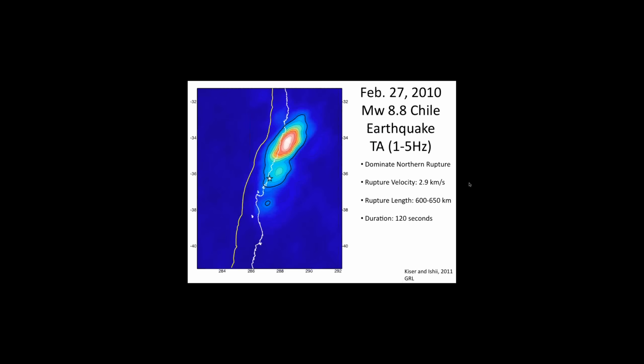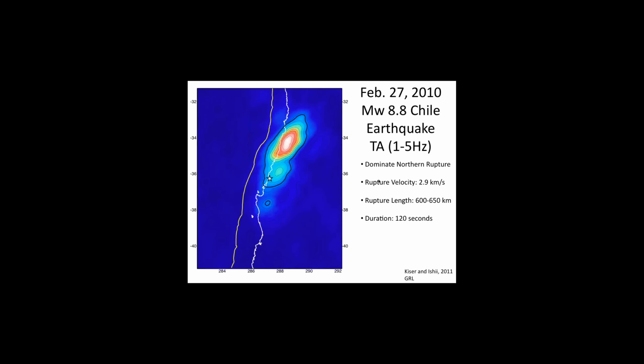Okay, so here's the energy distribution for this entire event. As I said before, you have this dominant northern rupture. Turns out if you actually track the energy through time for this dominant northern rupture, you get a rupture velocity of 2.9 kilometers per second.